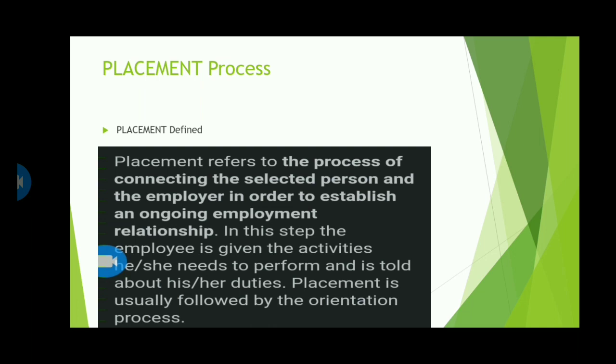In this step, the employee is given an activity he or she needs to perform and is told about his or her duties. Placement is usually followed by the orientation process. So after recruitment comes selection, and after selection is the placement process.